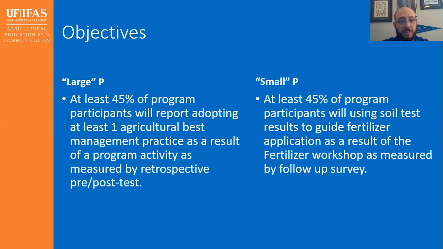This next one, report adopting at least one ag BMP as a result of a generic program activity. And then for the follow-up, you'd look for them actually using soil test results to guide fertilizer application as a result or a follow-up to the fertilizer workshop.